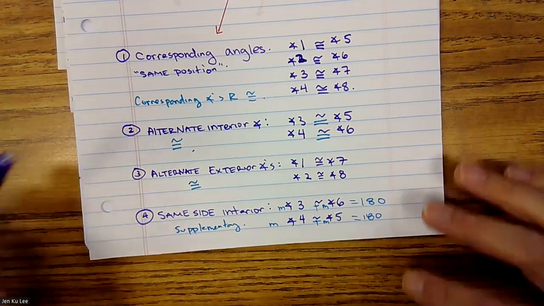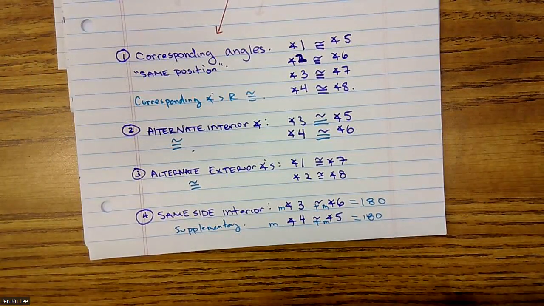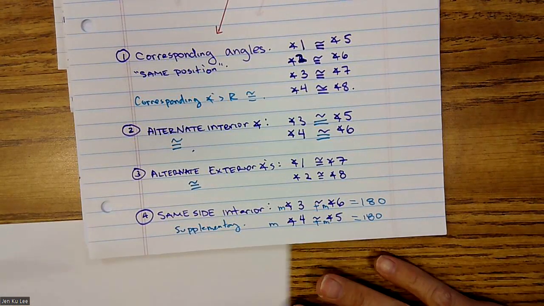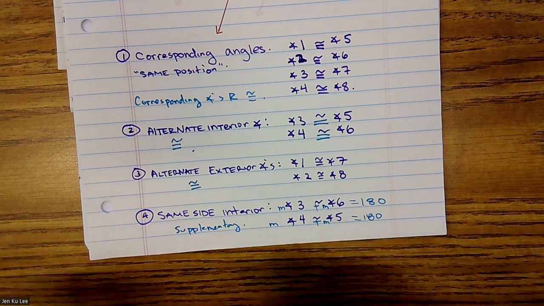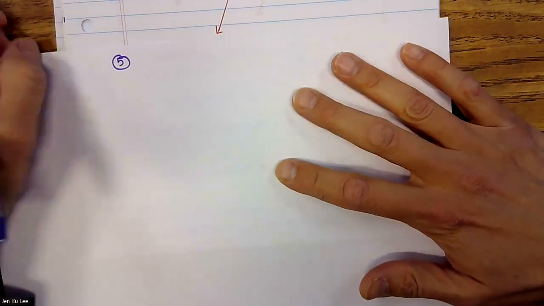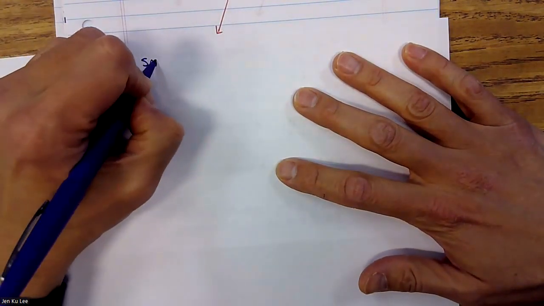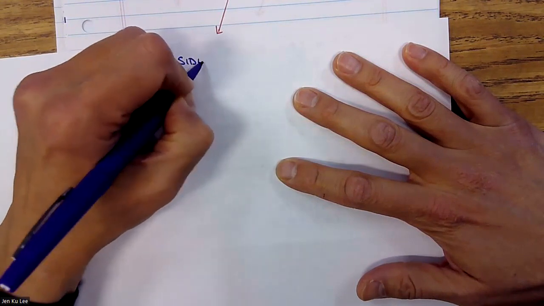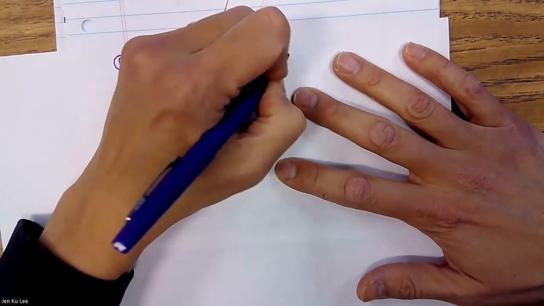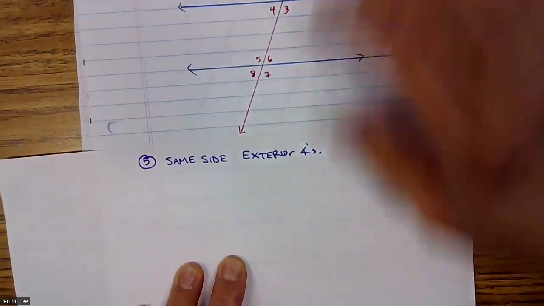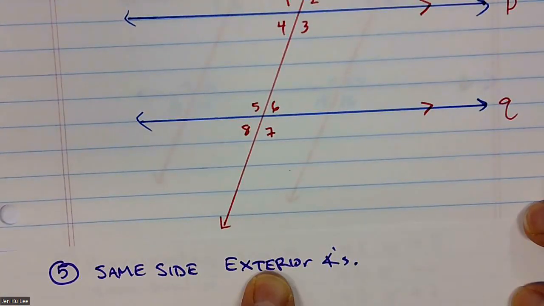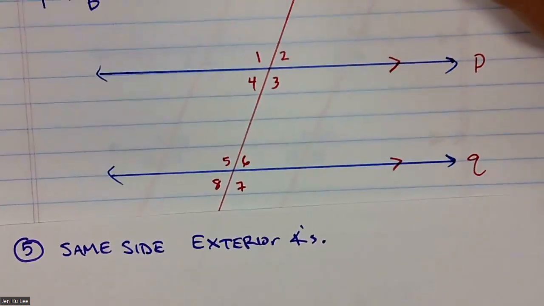Okay? And the fifth and final one is going to be same side exterior angles. Again, they are on the same side of the transversal, but this time they're on the outside of my parallel lines, right?